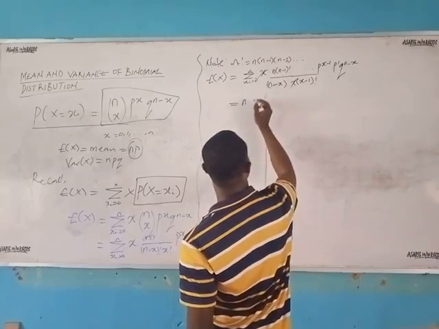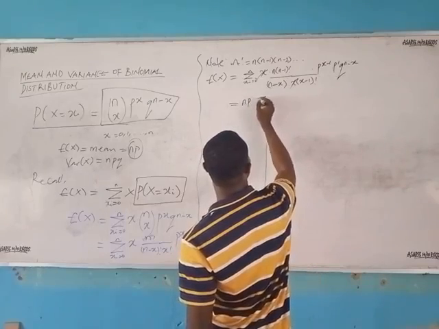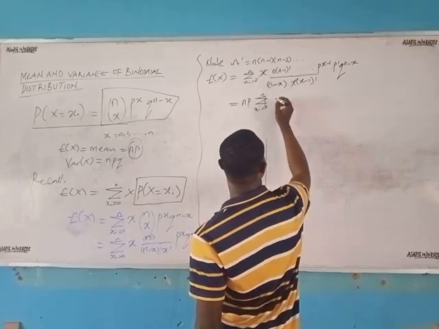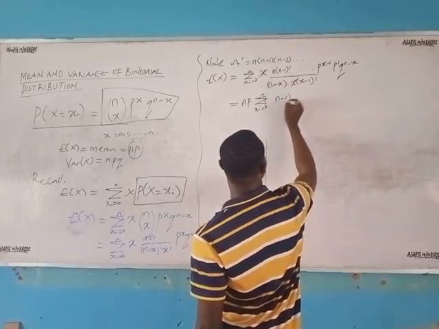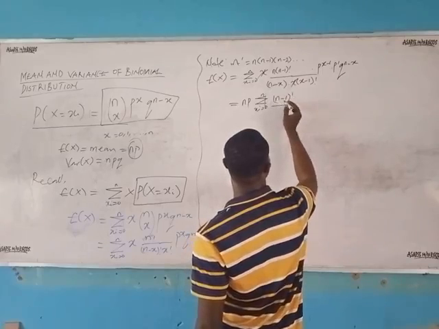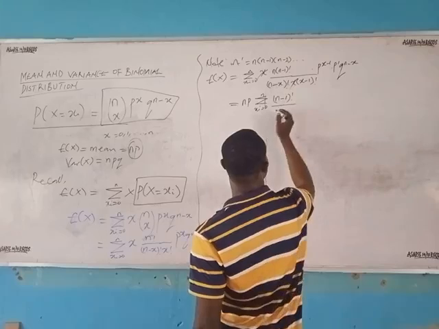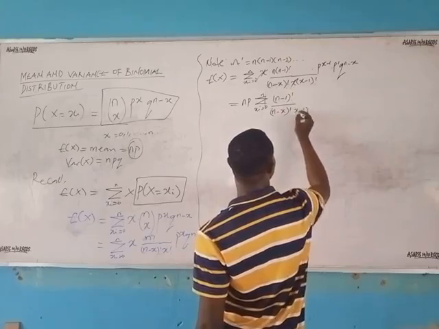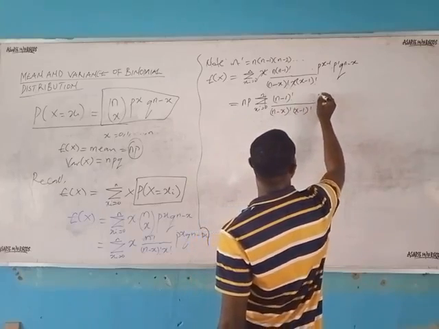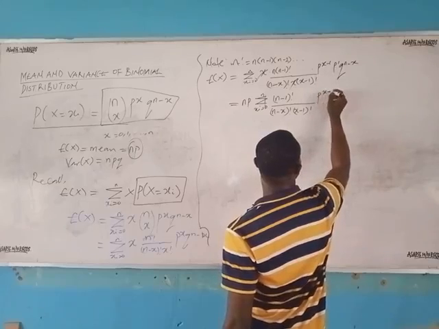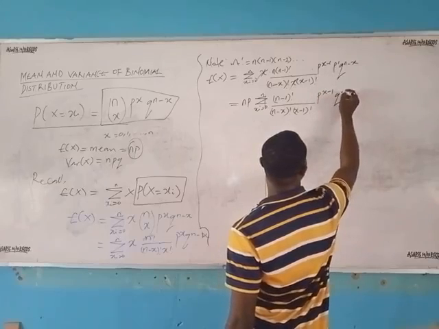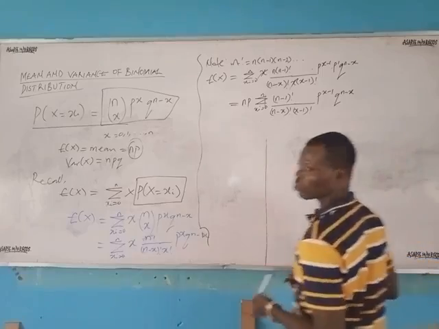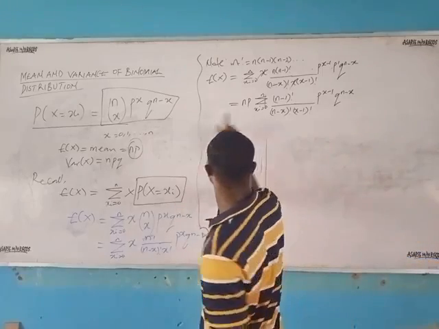So we have np summation xi from 0 to n, left with n minus 1 factorial all over n minus x factorial x minus 1 factorial, p raised to the power of x minus 1, then q raised to the power of n minus x. So we are almost there. We are looking for np.